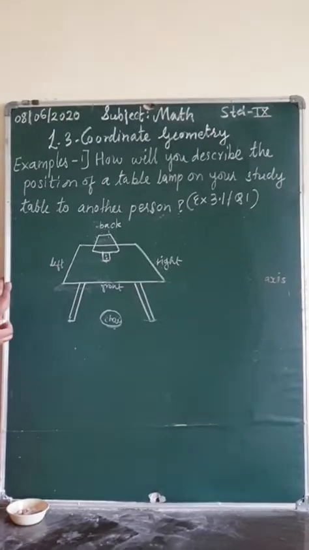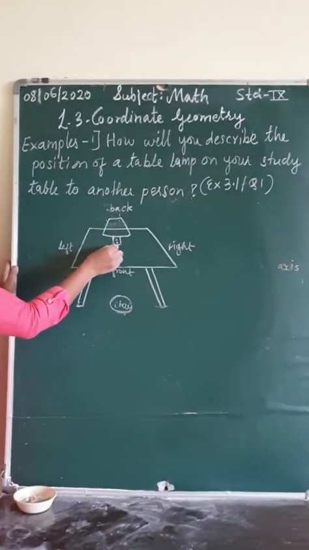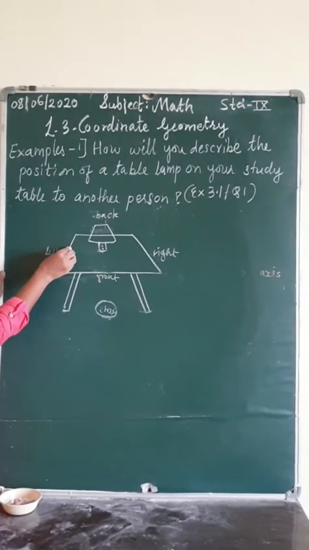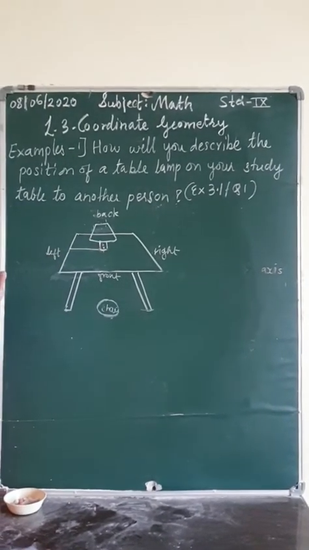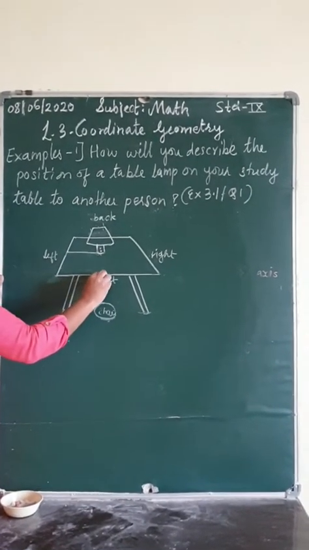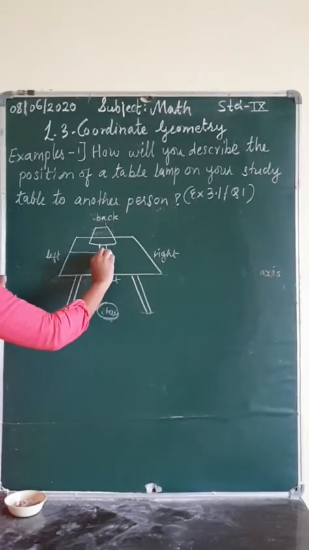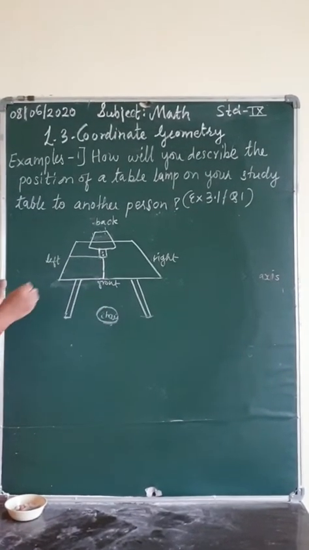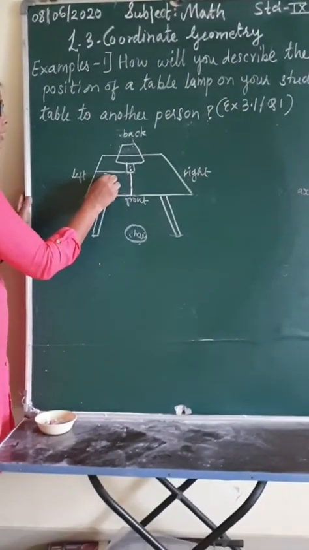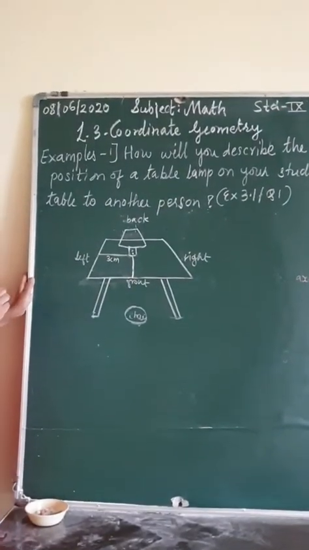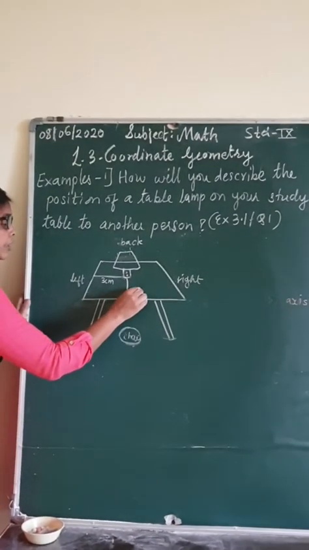Now if you see the position of this table lamp, it is this much away from the left edge and this much away from the front edge. Suppose we assume this is 3 centimeter and this is 2 centimeter.